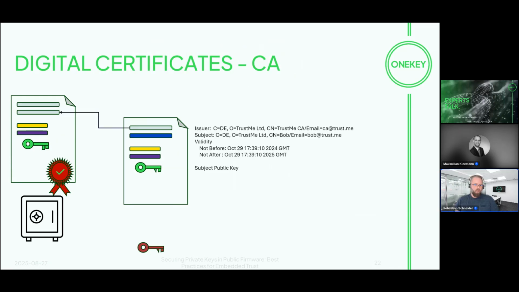Then we see the issuer field is pointing back to the root certificate, while the subject is an individual subject, still the same country code, the same organization, that is not necessary. In this case, I chose to put it there.